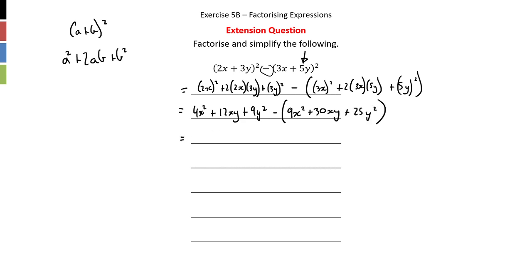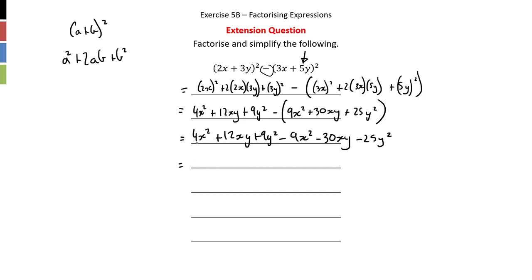Let's carry our negative sign now to expand out this bracket. So plus 12xy plus 9y squared minus 9x squared minus 30xy minus 25y squared.